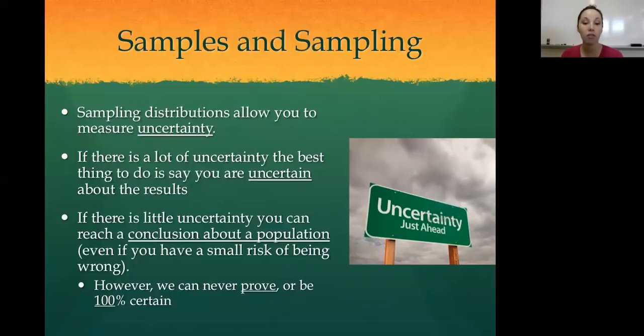However, we can never prove or be 100% certain because we're not using that population data. Because we're using a sample or a subset of our population, we can never be 100% certain, so we can never use the word prove in research when we're using samples. So that's something that's very important to note. We never use prove, we never use 100% certain because we're using sample data.